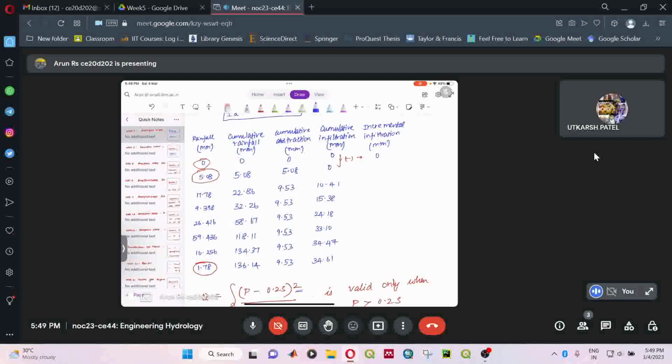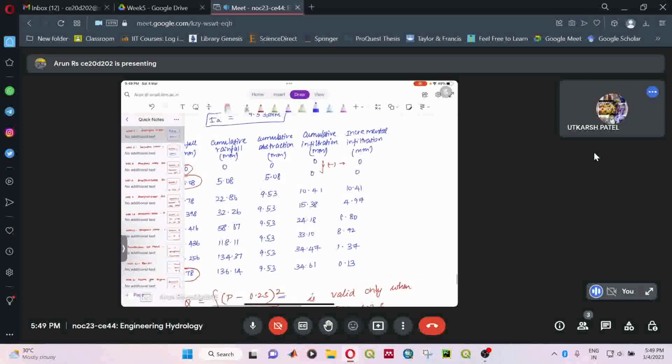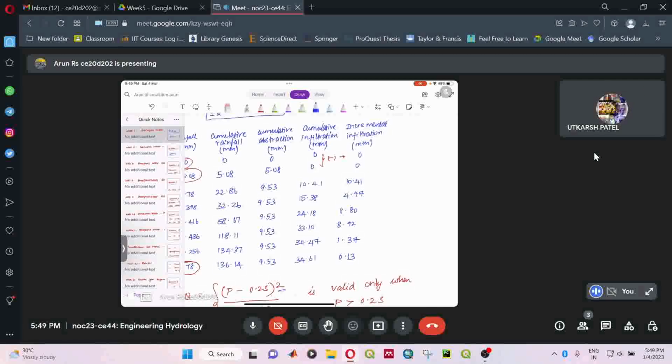First time step it will be 0, second time step it's 0, then 10.4. Sir, the difference between which one? The difference between the cumulative infiltration. So these two. Okay, sir. Got it.